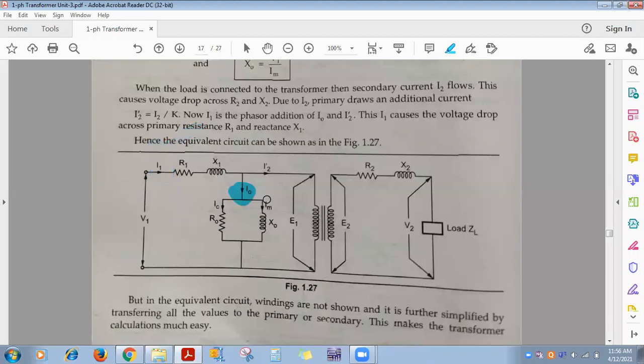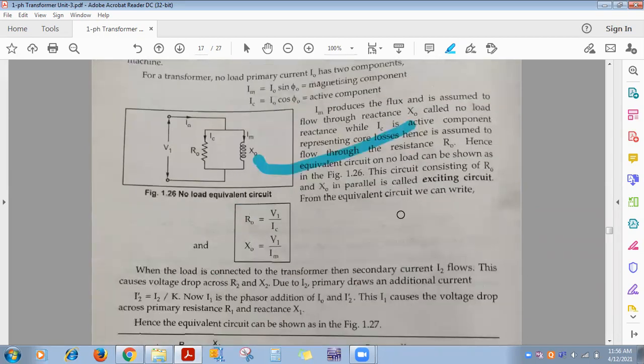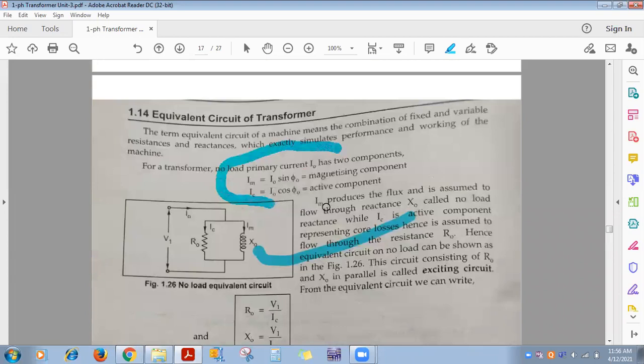Okay. So this no load current, when the transformer is at no load, only has to overcome the primary winding copper loss, plus it has to magnetize the core. So this is called the copper loss component at no load, and this is called the magnetizing component of the no load current. Not in detail, no one will ask you to draw it.